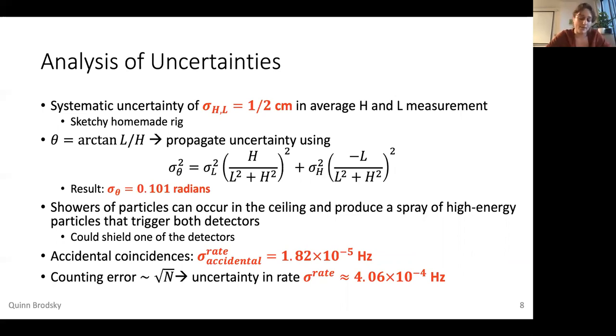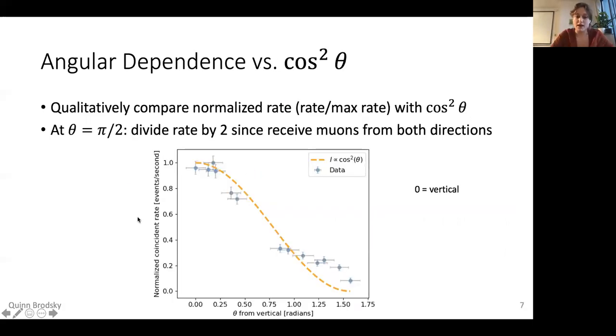So overall, I have an uncertainty in the average of the height and length of about 1/2 centimeters. We can propagate this uncertainty into the angle by using the general propagation formula, and I've listed this here for this particular function. This gives us an uncertainty of about 0.1 radians. This is included in the horizontal error bars on my plot here.